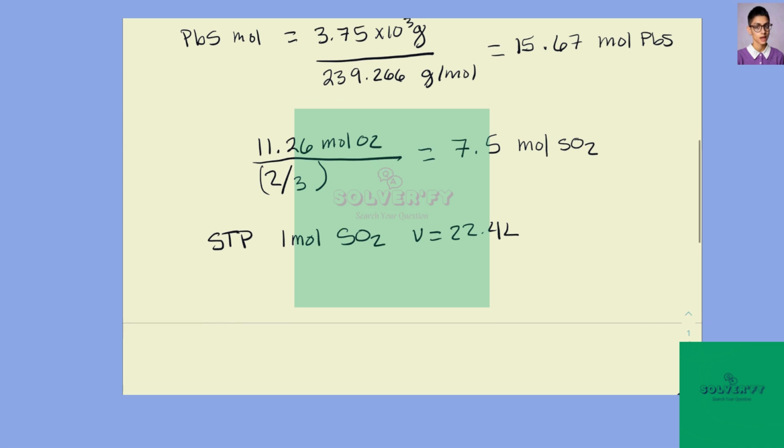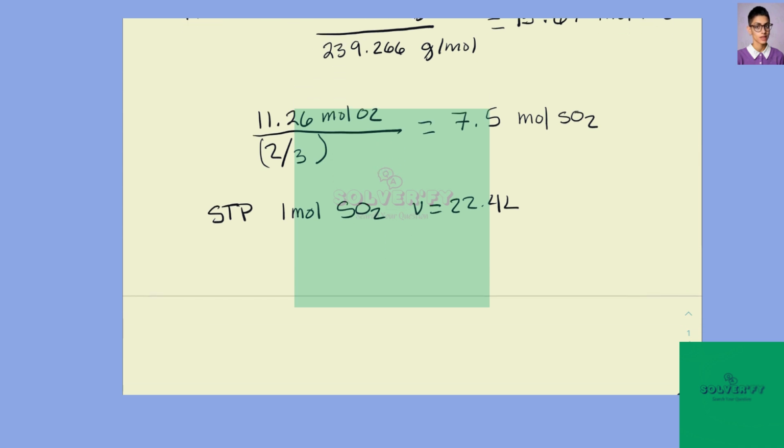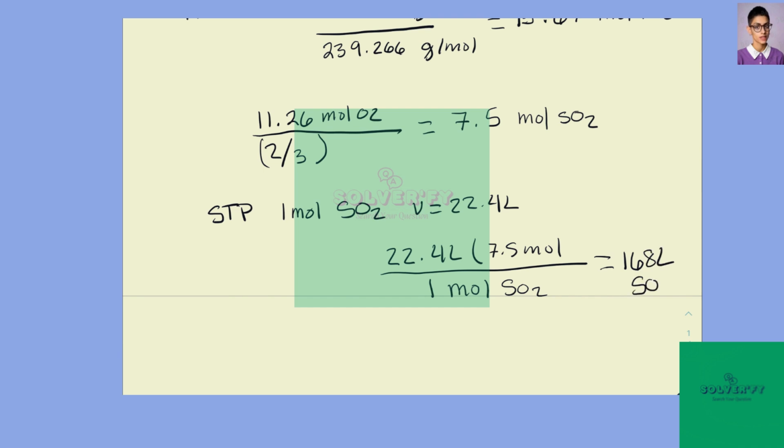So if we have 7.5 moles, we're just going to do 22.4 liters times 7.5 moles, and we know that that is for every 1 mole of SO2. So when we calculate this out, it's going to be 186 liters of sulfur dioxide. And this will be the volume of sulfur dioxide at standard temperature and pressure.